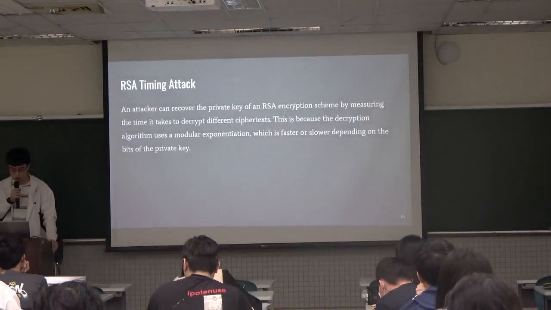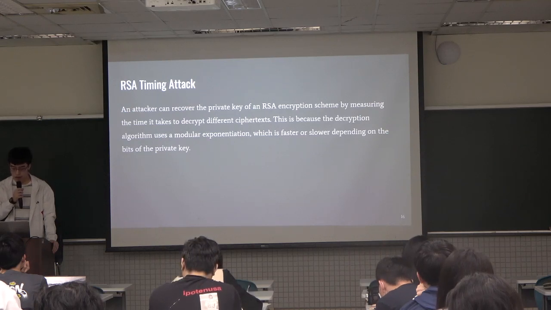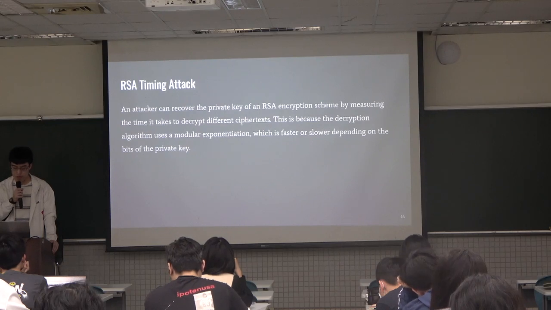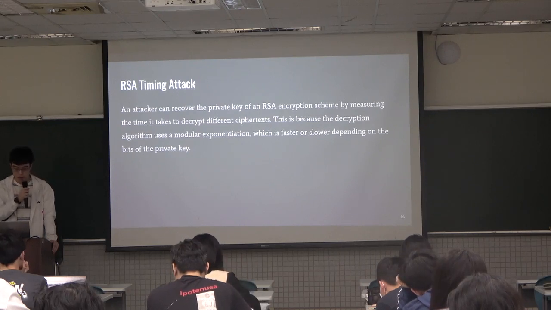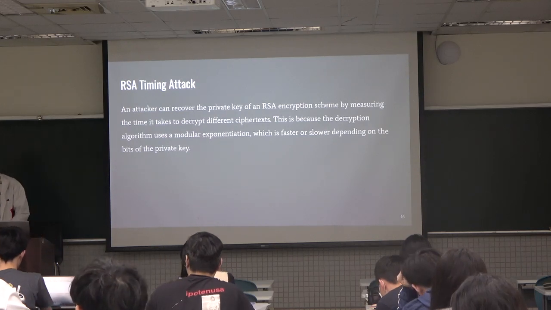Our first example is the RSA timing attack. The decryption algorithm of RSA uses modular exponentiation, which is faster or slower depending on the bits of the private key. By analyzing the decryption time, the attacker can guess the bits of the private key and recover it.